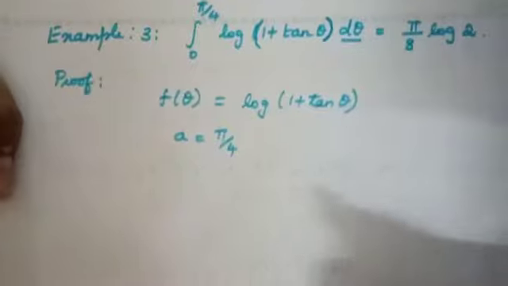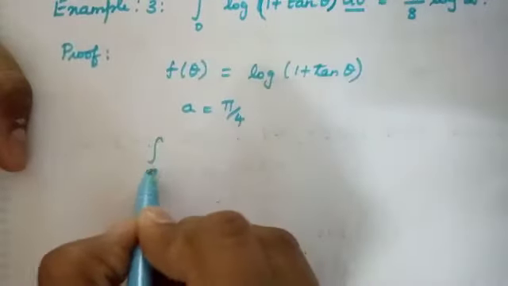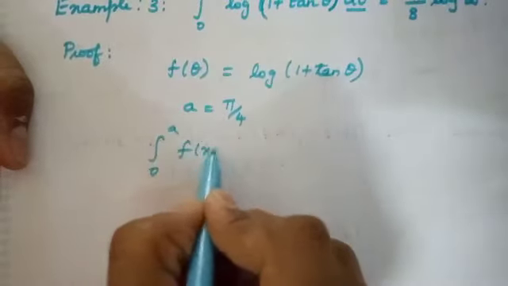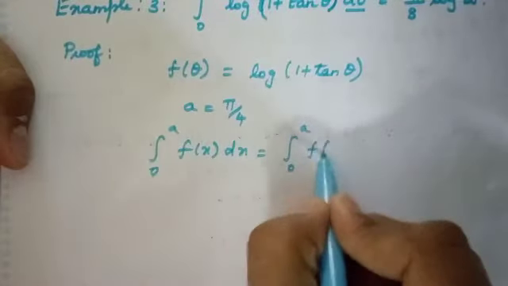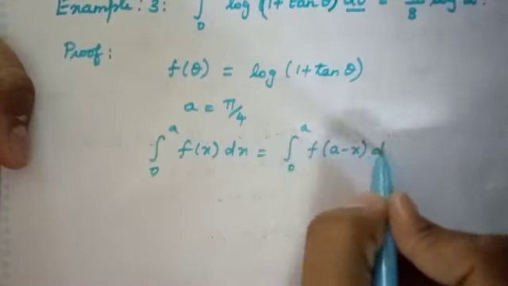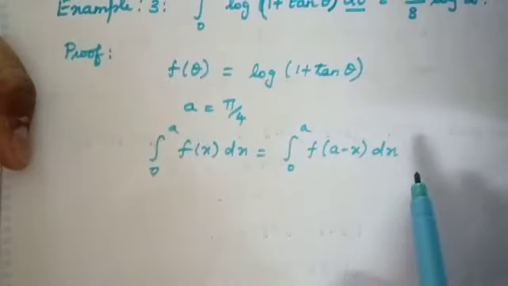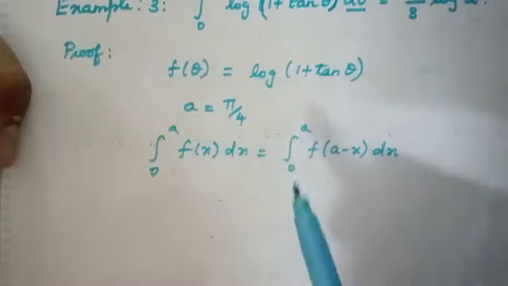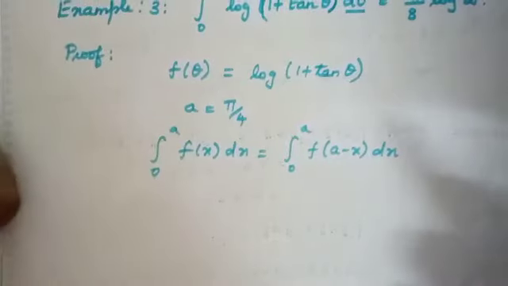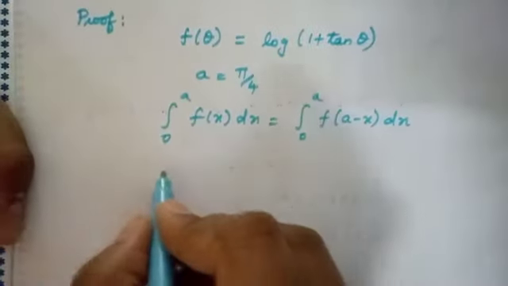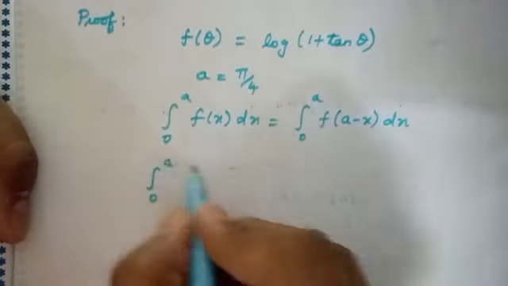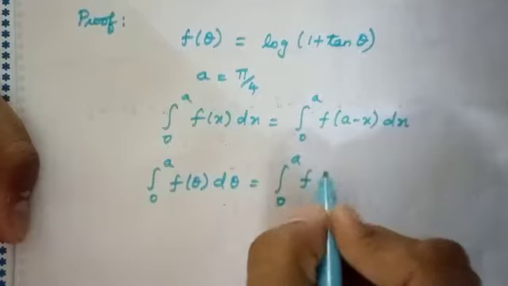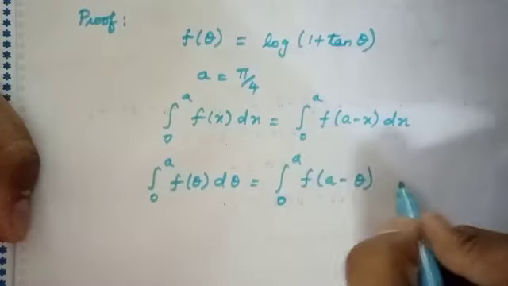Property number 5 is: the integral over 0 to a of f of x dx is the same as the integral over 0 to a of f of a minus x dx. Instead of x we have theta here, so we have to evaluate this integral in terms of theta. So the integral over 0 to a of f of theta d theta is the same as the integral over 0 to a of f of a minus theta d theta.